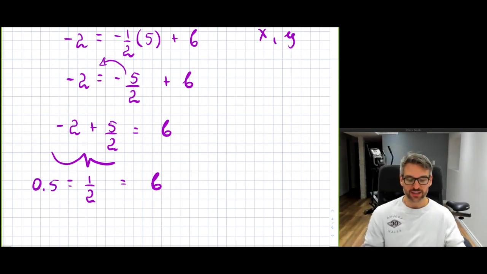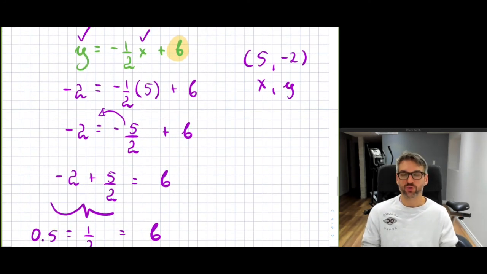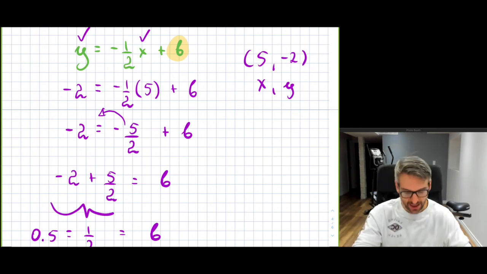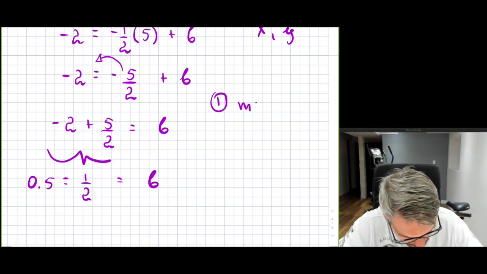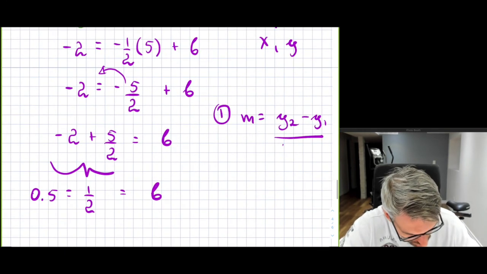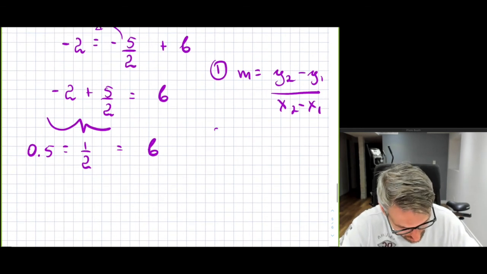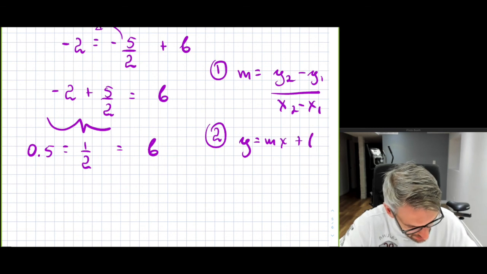And now we actually guessed that from the graph, but it's not always as easy to see. And you don't want to be guessing, so what you do is you just substitute it and then solve for b. All right? So if you're given 2 points, the process is, number 1, find your slope using your formula, so that you're not guessing. And number 2, you use y is equal to mx plus b.